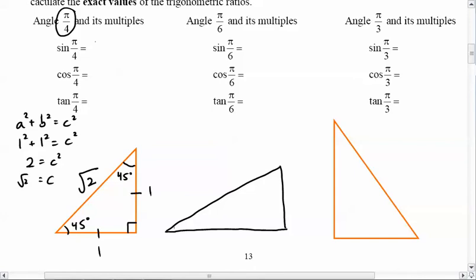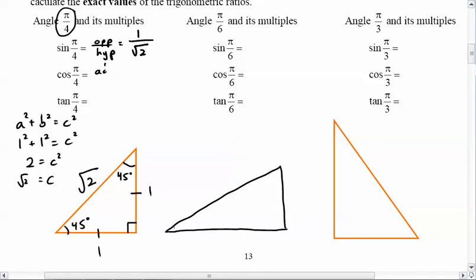So sine is opposite over hypotenuse, or 1 over root 2. And in grade 10 you had to rationalize the denominator. I'm not going to ask you to do that, just so that you can more easily connect this to an idea of a triangle in your head.